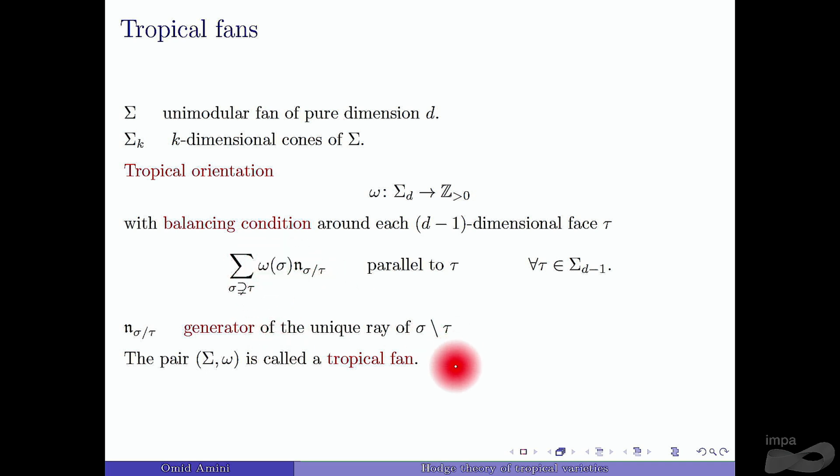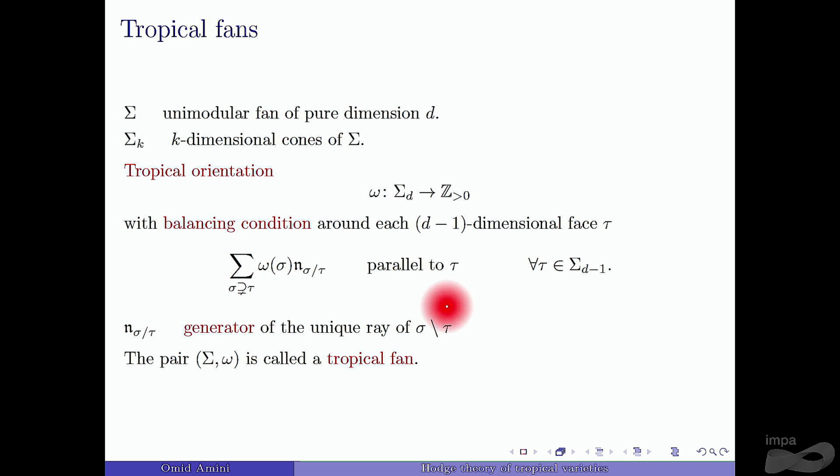This should be parallel to tau. From the cohomological point of view, this plays the role of an orientation, because I will use it to define the fundamental class associated to tropical varieties, so I can talk about Poincare duality. Without this condition, we cannot talk about any of the results that I mentioned.